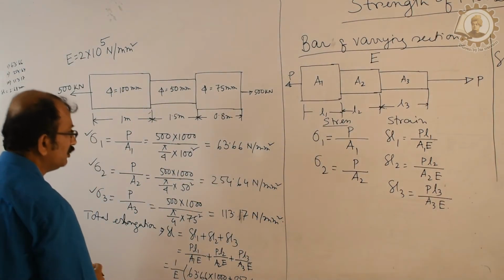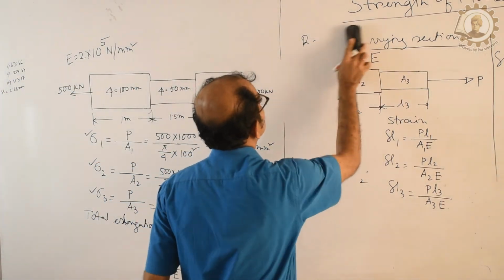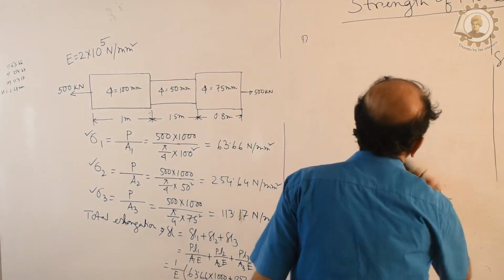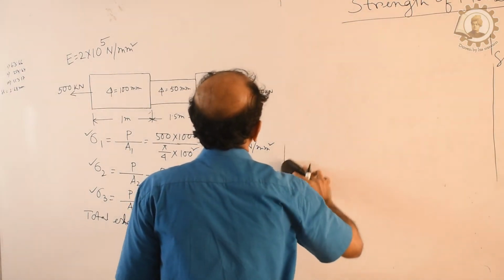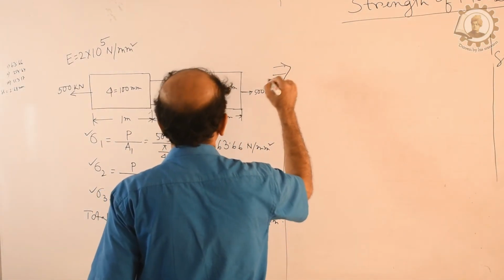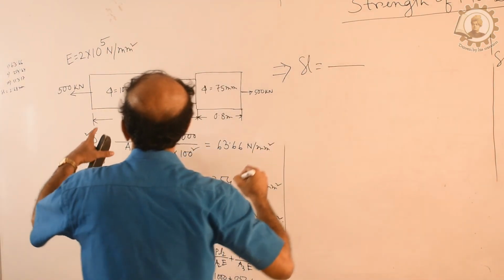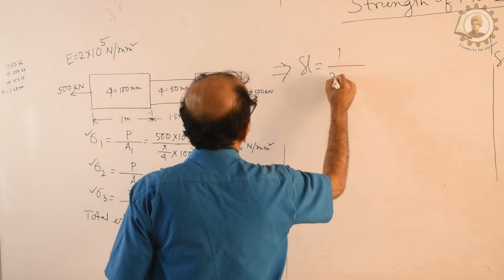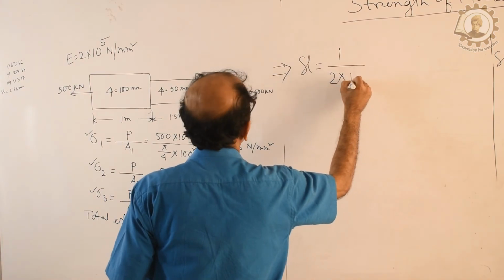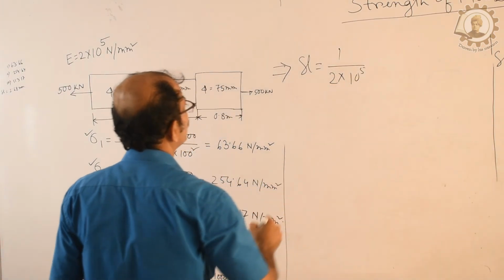Now if we put in the values, total elongation del L equals 1 by the value of E, 2 into 10 to the power 5. This is the value of E, 2 into 10 to the power 5.